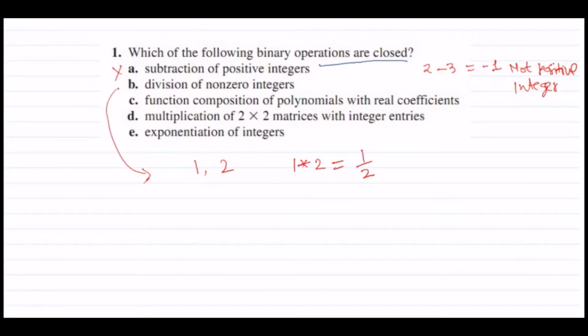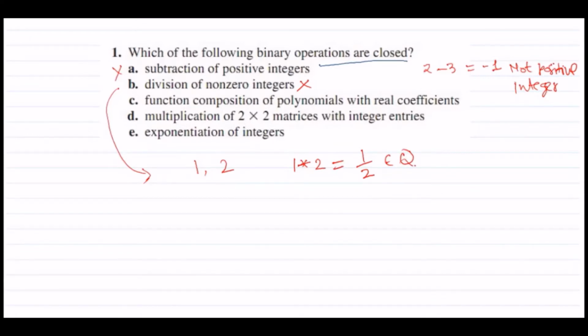And therefore it is not necessarily an integer, because this is a fraction, a rational number, and not all rational numbers are integers. So this is also not closed.